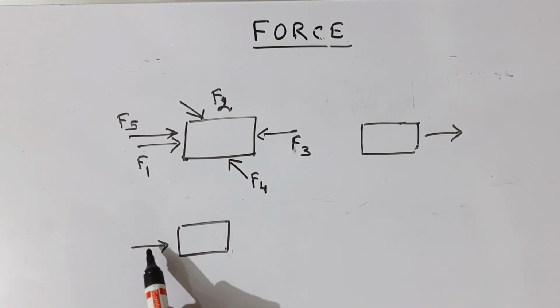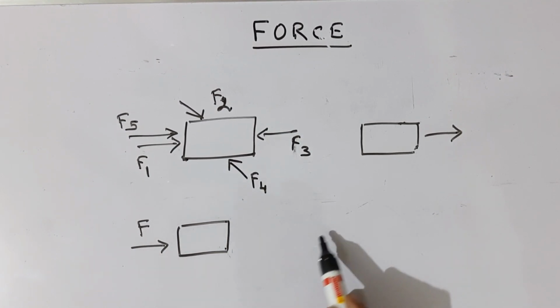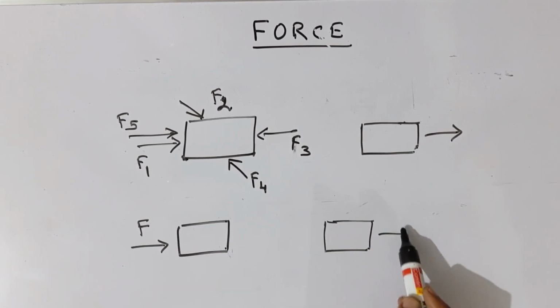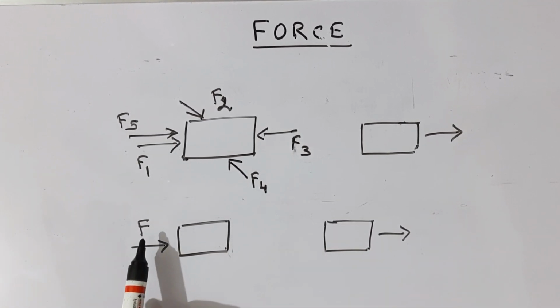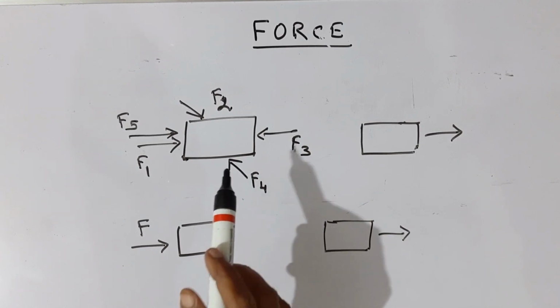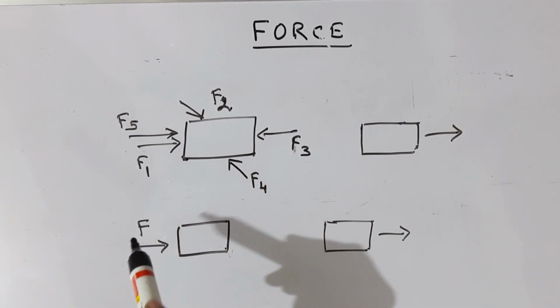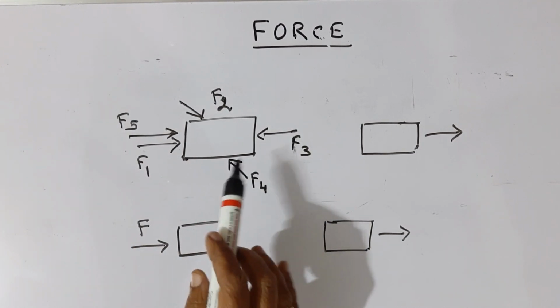If there is a single force F acting on this object and it produces the same effect, the same movement or the same acceleration on this object, then this single force is equivalent to all these forces acting together. So we can substitute this force F in place of all these forces taken together.